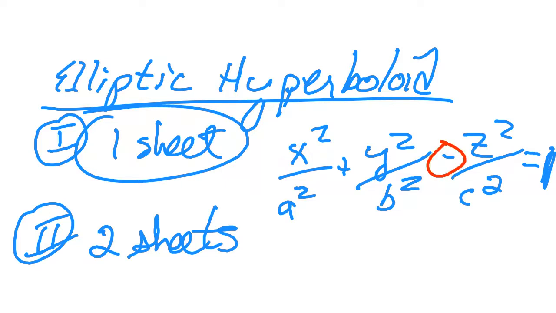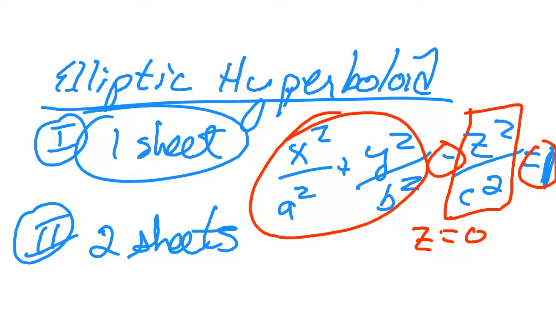And the reality is, if I let z equal 0, then what do we have? This would go away, and I'd be left with an ellipse. X squared over a squared plus y squared over b squared equals 1 is an ellipse. And the top on figure 16, top of page 892, is a picture of that ellipse.